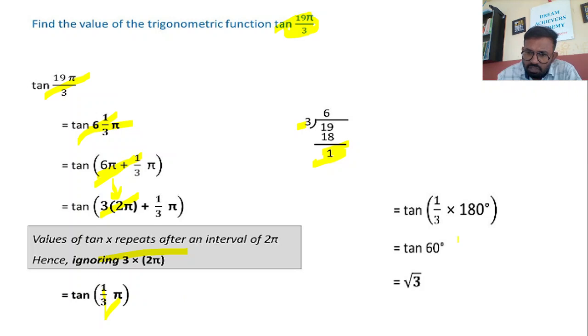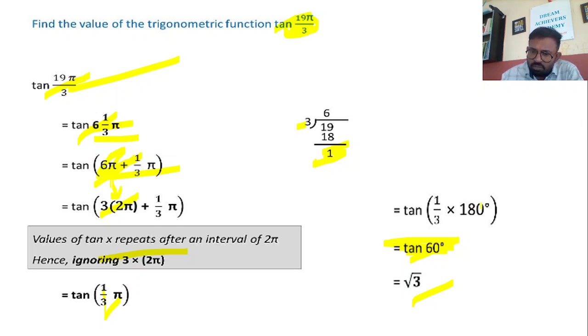Tan pi by 3 value is 60 degree, so that's tan 60 degree. So tan 60 degree is root 3. Directly divide 19 by 3, write it in mixed fraction, separate it, neglect the pi values and take only pi by 3.